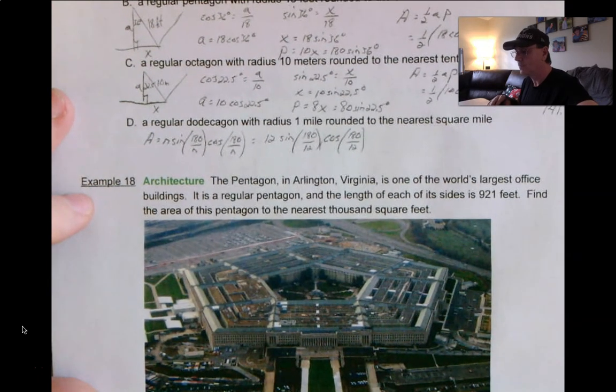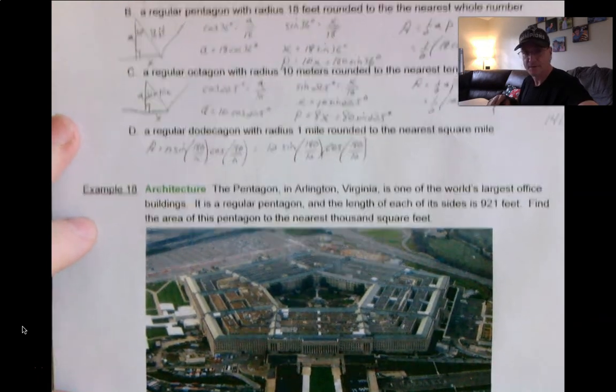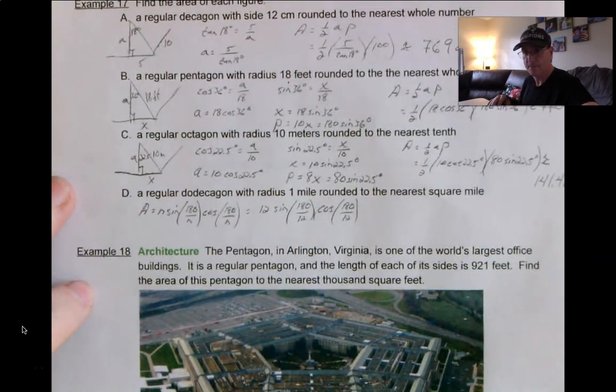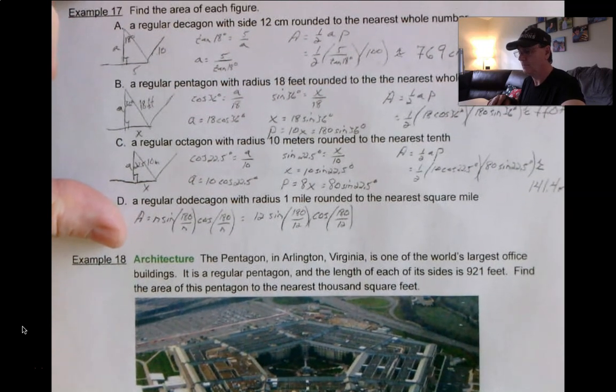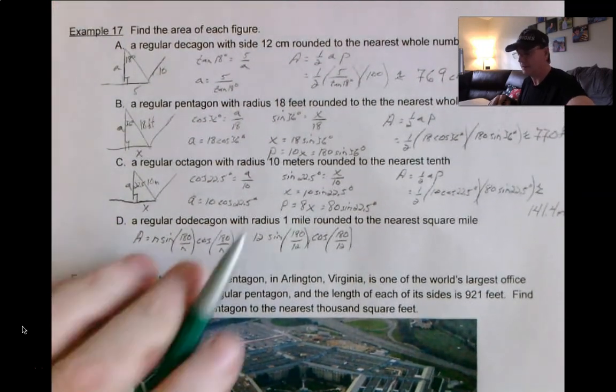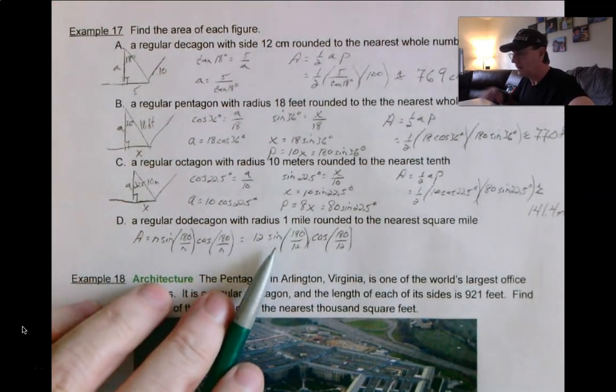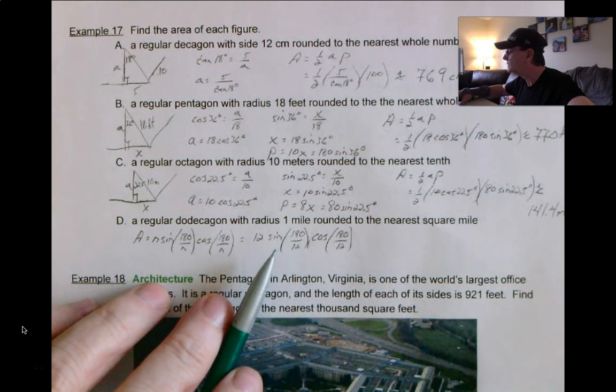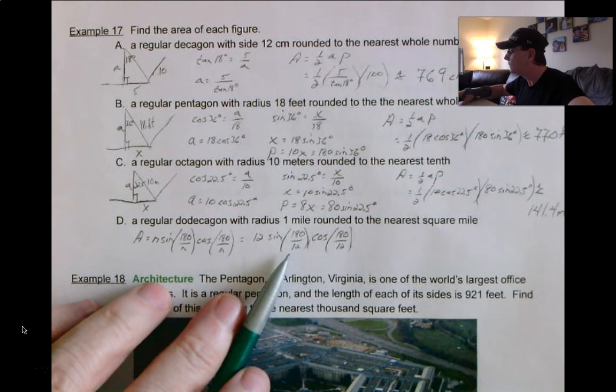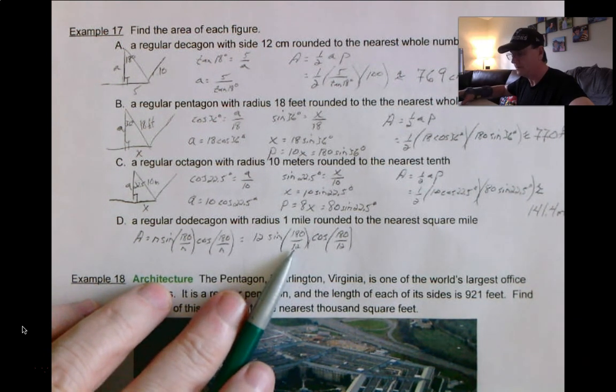But this time the radius is 1. So 12 times 180 divided by 12 is equal to 15. So these are 15s.